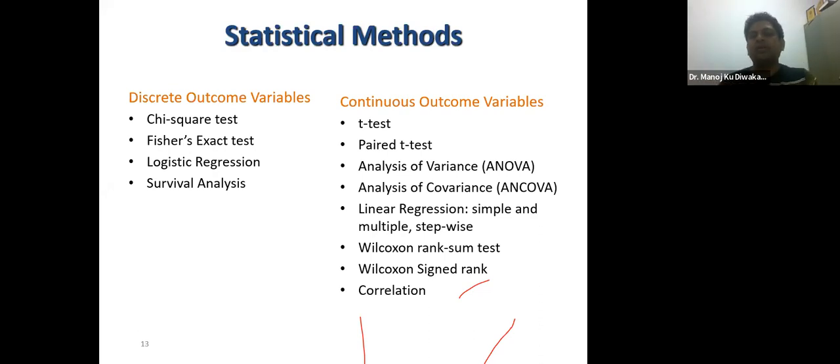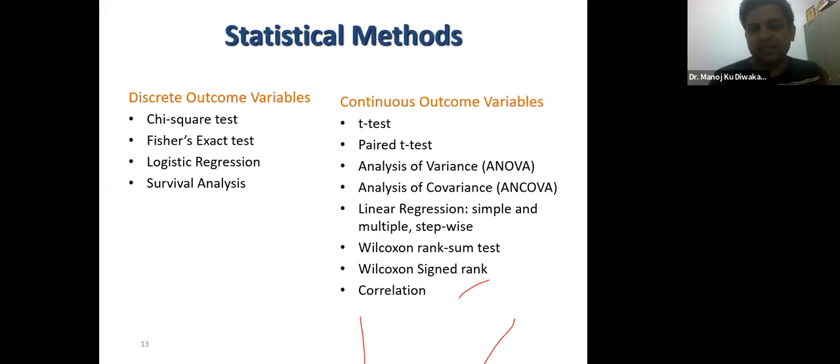Then we will talk about the analysis of variance. Analysis of variance is used once you have more than two samples. Then there are analysis of covariance, and linear regressions, simple and multiple, Wilcoxon rank sum test, Wilcoxon signed rank, and correlation.